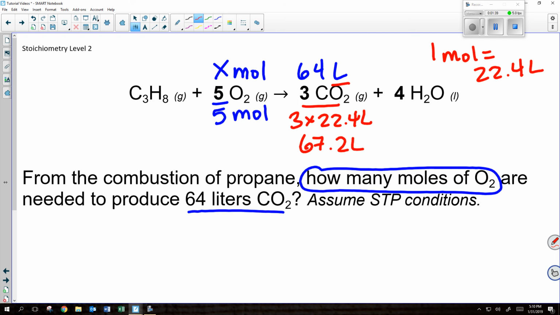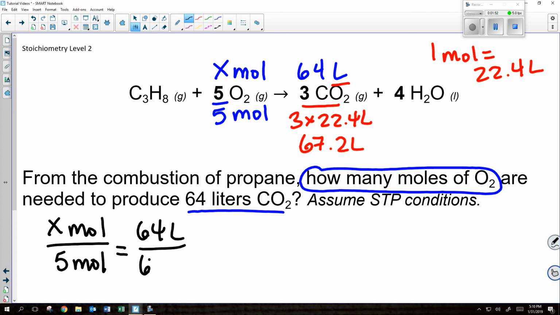So when I set up my proportion, I write X moles over 5 moles equal to 64 liters over 67.2 liters. At this point, I cross multiply and solve for my missing variable.